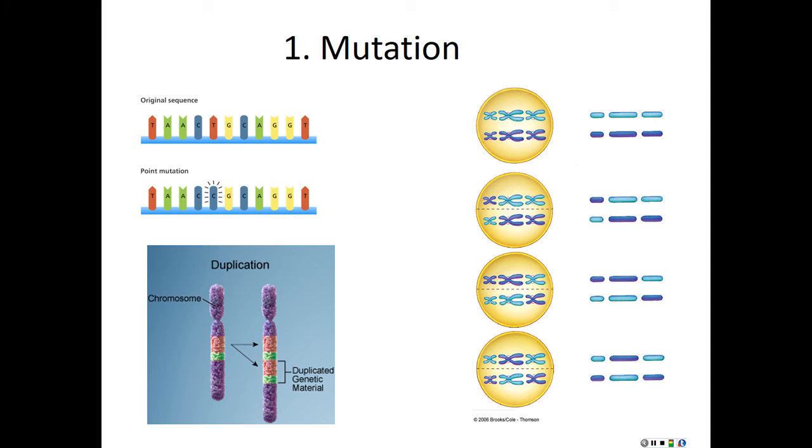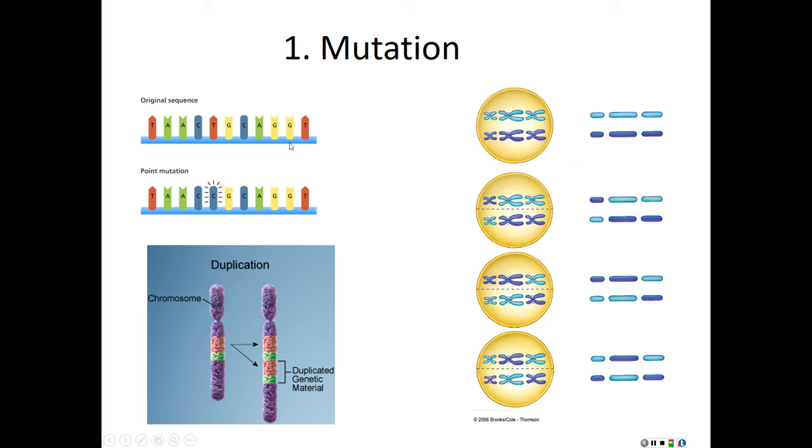Most of you know what mutation is, but a little refresher: this is a random change, typically in the nucleotide sequence of an individual's DNA, which is what we're seeing in this figure here.